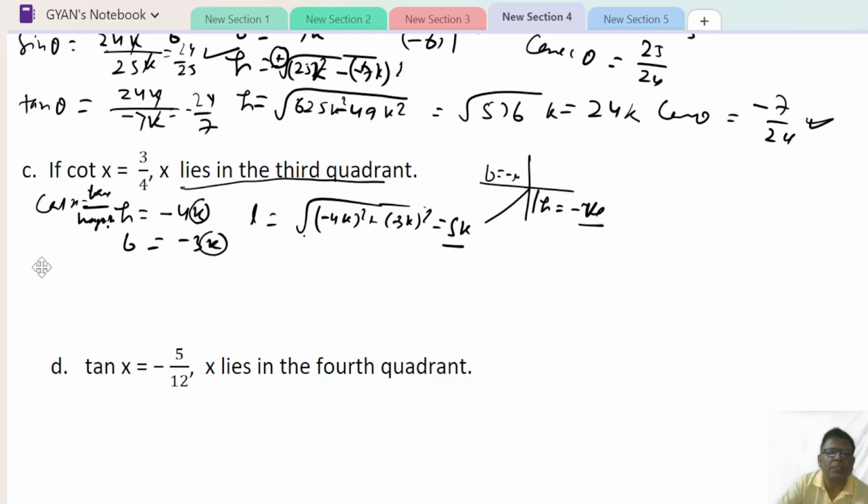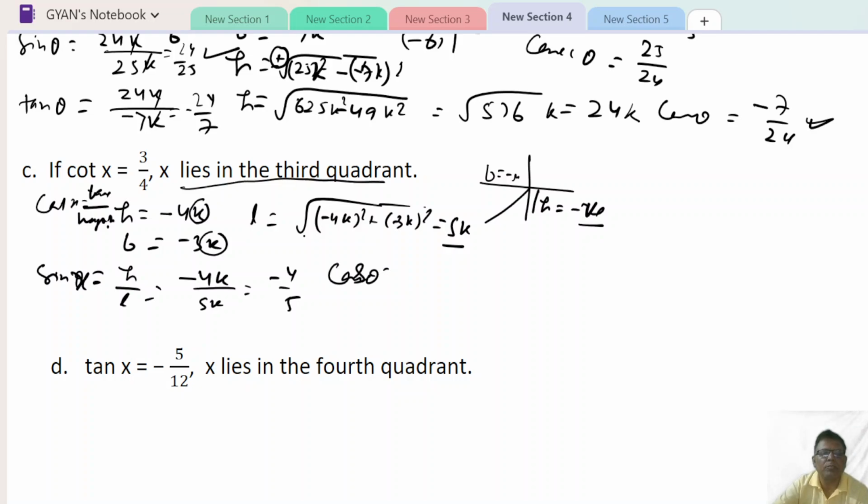So now first sin theta. Sin theta is equal to height by hypotenuse. Height is minus 4k and hypotenuse is 5k, so minus 4 by 5. Cos theta is equal to base over hypotenuse.